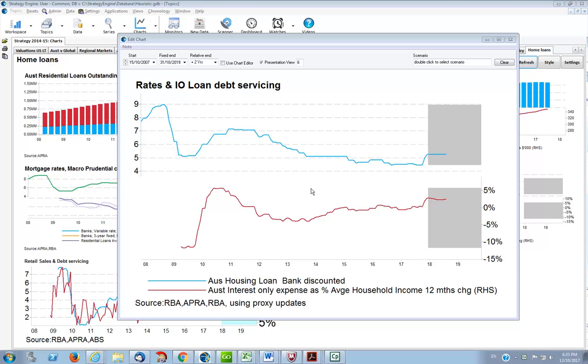We estimate that if all these interest-only loans did convert, the increase in monthly repayments would amount to around about 6% of household income, and that's even allowing for a lower rate than the new higher interest-only rates.